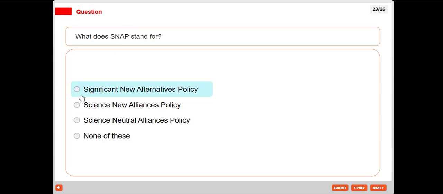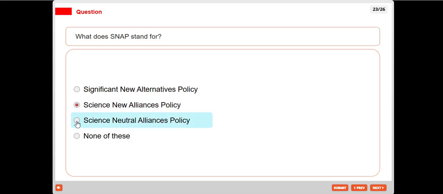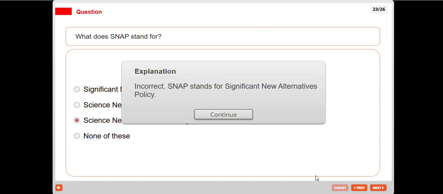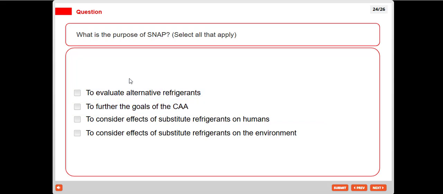Let's answer one and see the correct answer. Science New Alliance Policy, I think. Incorrect. Oh my god, I don't remember this one.